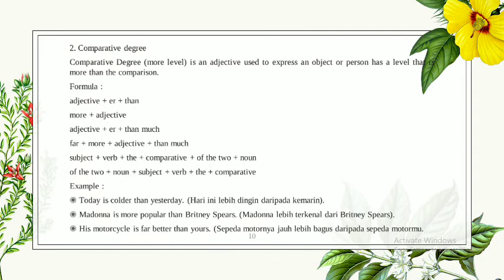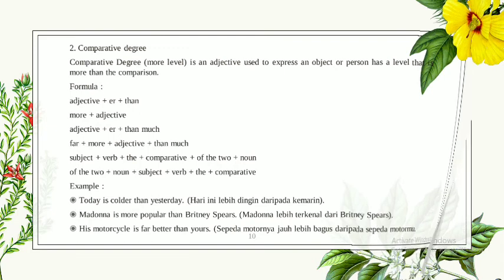You can use this formula like adjective plus er plus than, and more plus adjective, or adjective plus er plus than, much and others. Example, today is colder than yesterday. And Madonna is more popular than Britney Spears. Or his motorcycle is far better than yours.